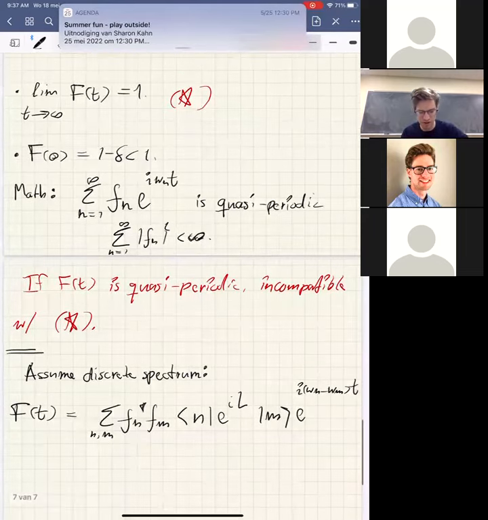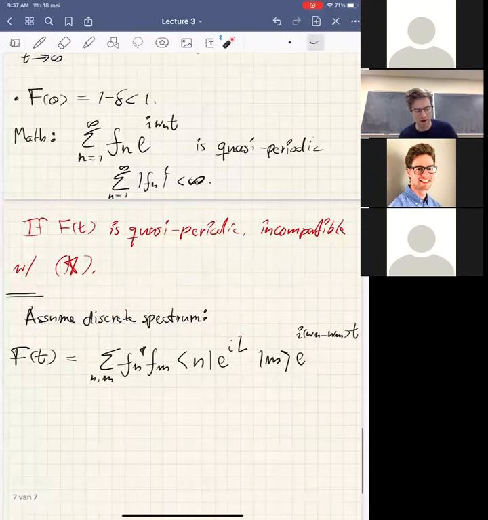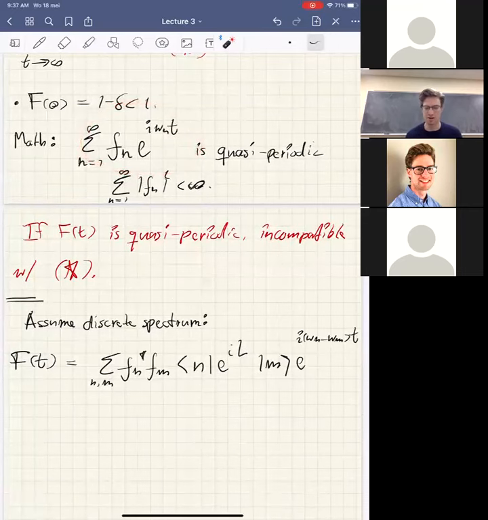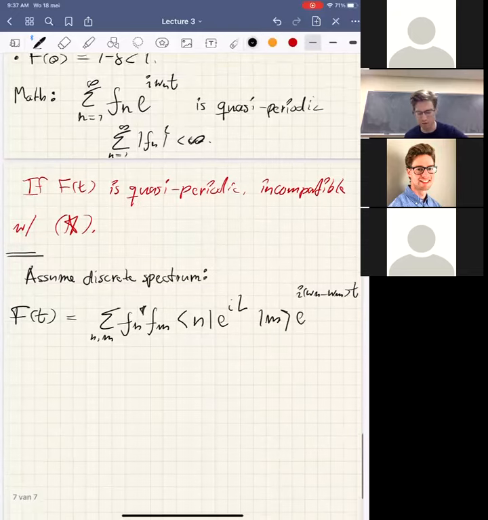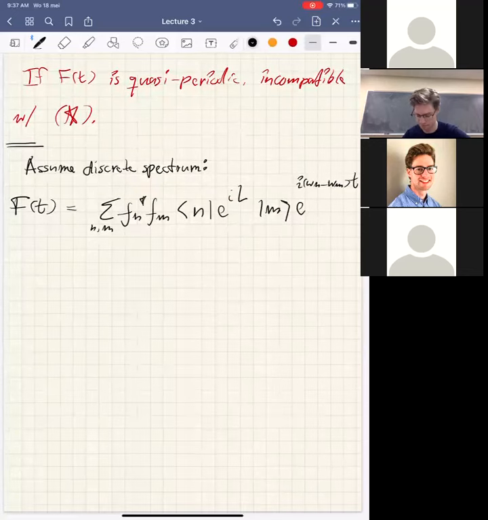Okay, so when we do this expansion in energy eigenstates, this function f of t looks pretty similar to our definition of a quasi-periodic function. The only difference is that here we have two omegas appearing, and there we have just one omega. So in order to do this properly, you can also look at a quasi-periodic function where you have these two omegas and these two coefficients. And then we can still use the result that this function is quasi-periodic when these coefficients are bounded. So if this function f of t expanded in this energy eigenbasis is quasi-periodic, what we need to show is the following.